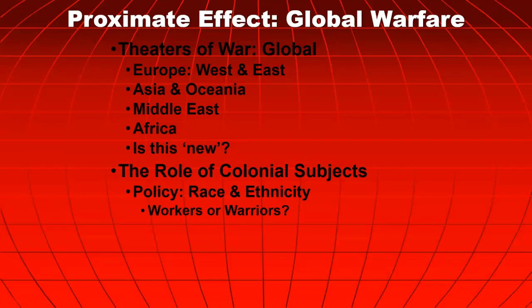For example, there are some races and ethnicities that Europeans view as workers and some as warriors. And so they're trying to use this pseudoscience, race-based, ethnic-based sort of ideas to classify colonial subjects, whether or not they should be allowed to fight or not, based on their assumptions about their sort of racial or ethnic typology.